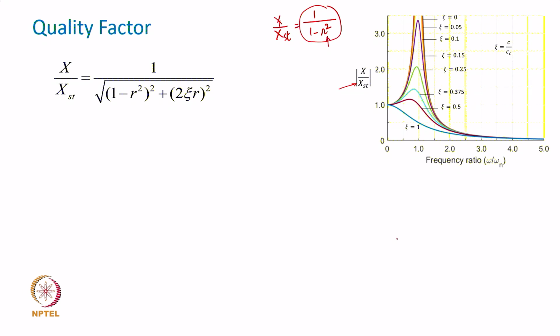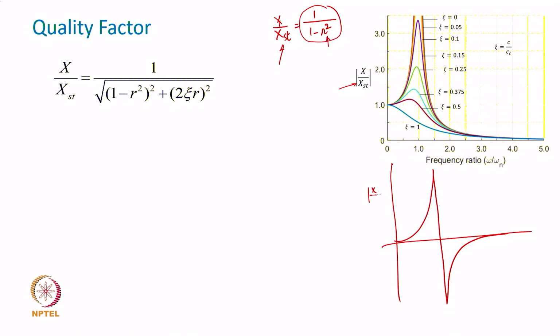Okay. So, strictly speaking, if you plot this X over X_st, it is going to look like this, but we take the mod and plot the absolute value, which means that the negative parts simply flip like that, and that is what you actually see here. All right.